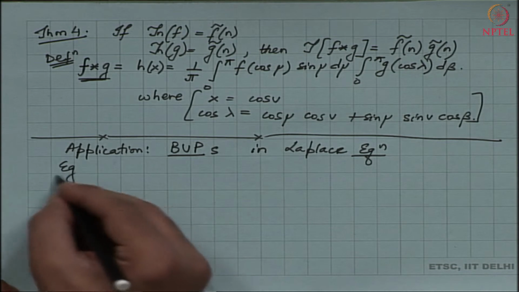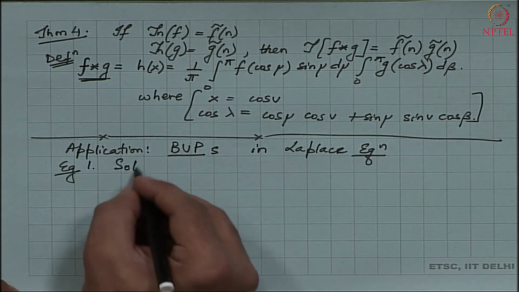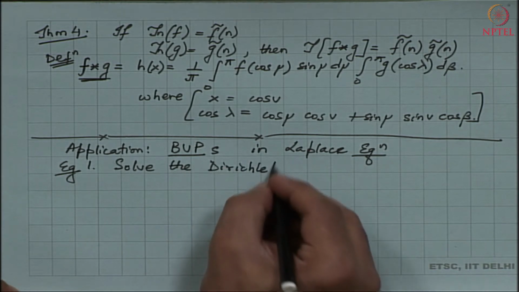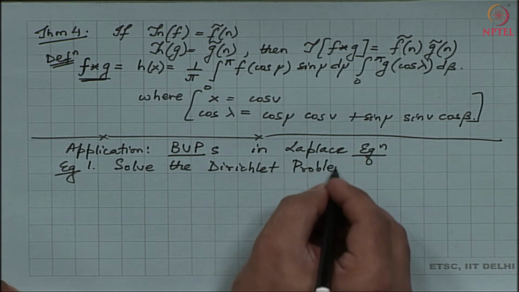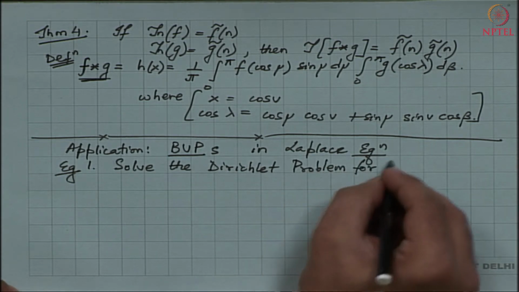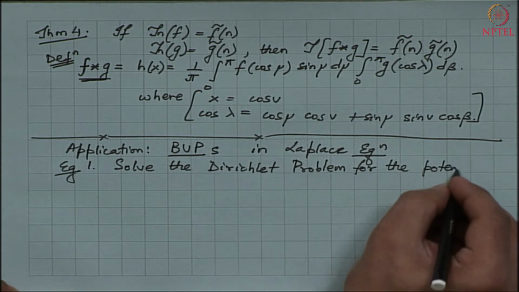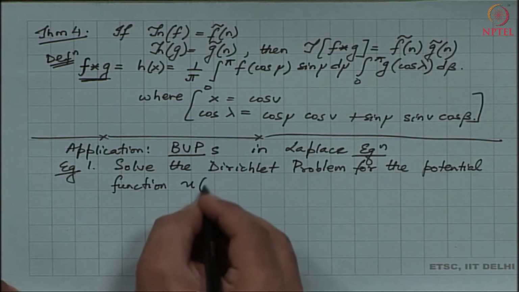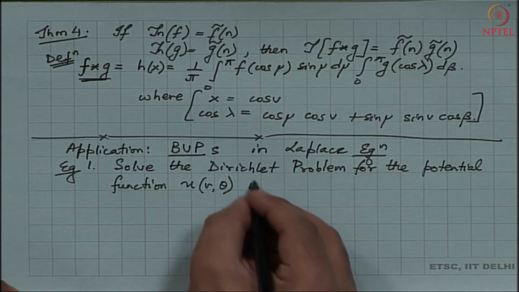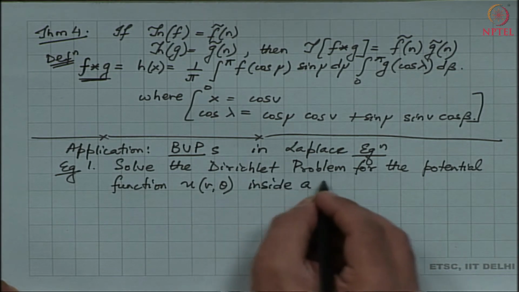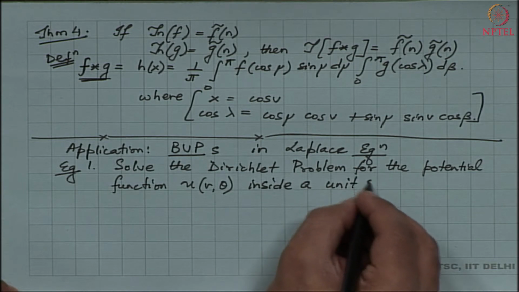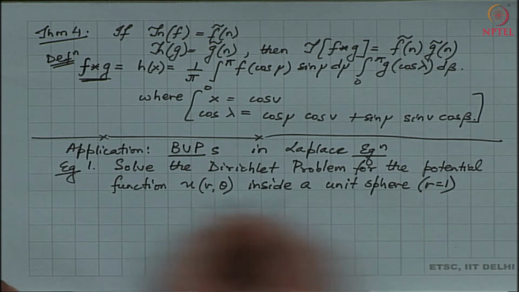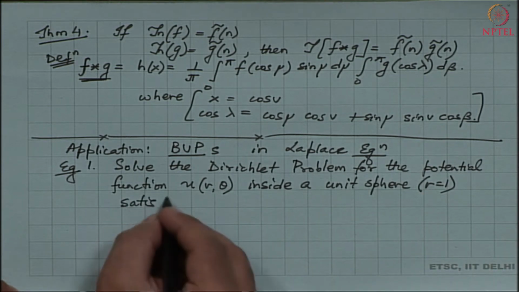The problem says: solve the Dirichlet problem for the potential function u of r comma theta inside a unit sphere, and the potential satisfies the following equation.